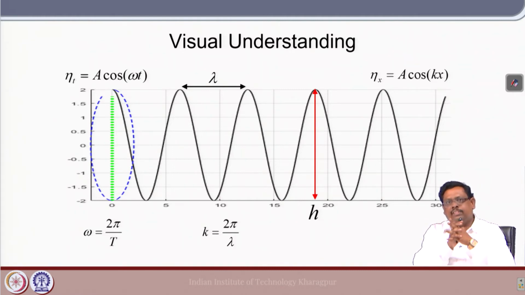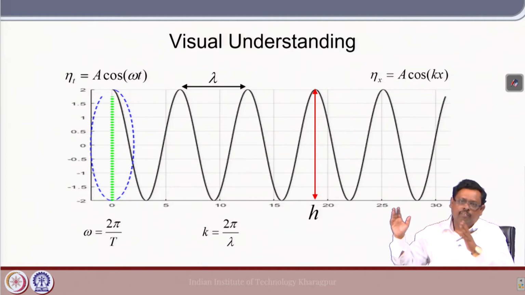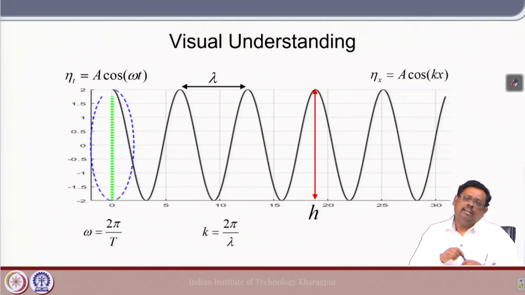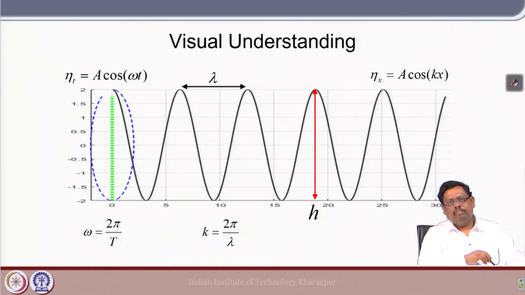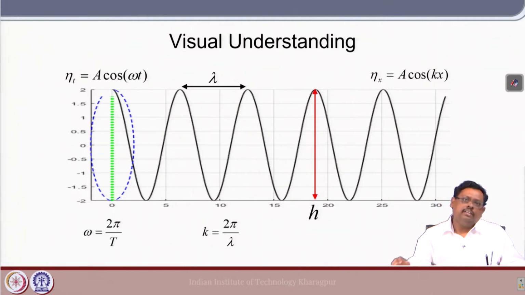If you take a snapshot, you find a sinusoidal curve, which is this one, right. And also, if you only follow the motion of the green dot, which goes up and down, and try to plot that, then again you get a sinusoidal curve, right. Therefore, eta is a function of space as well as a function of t.